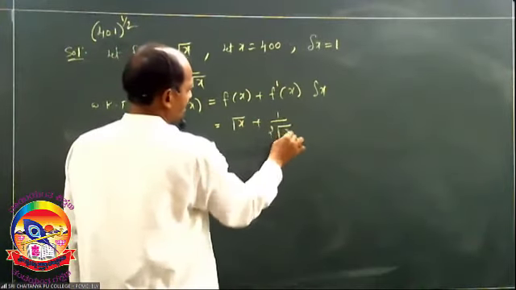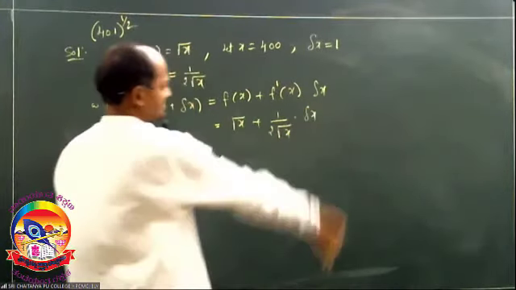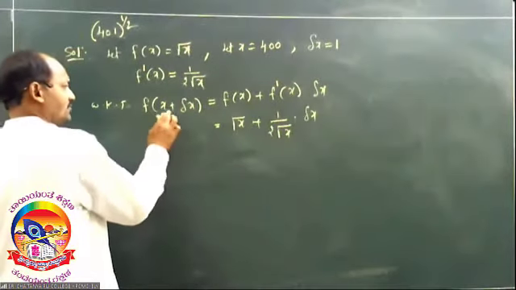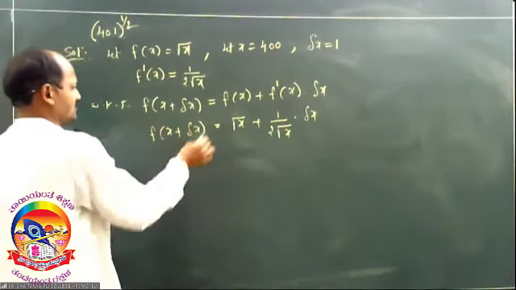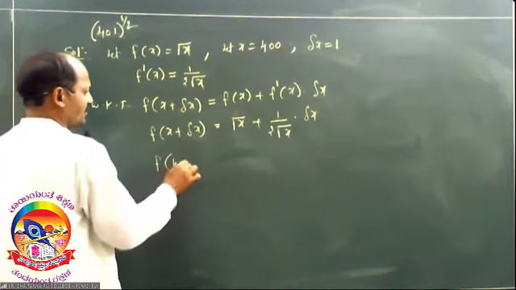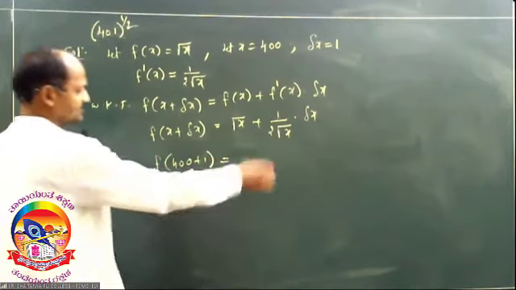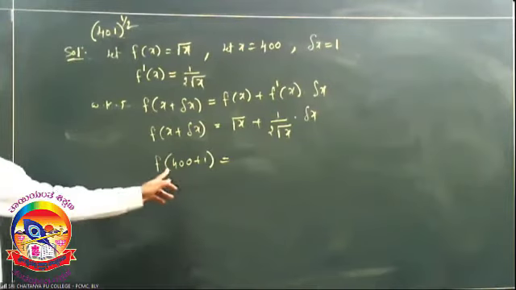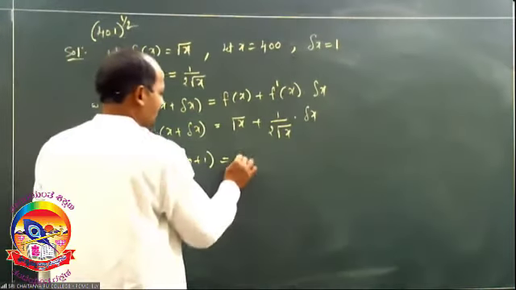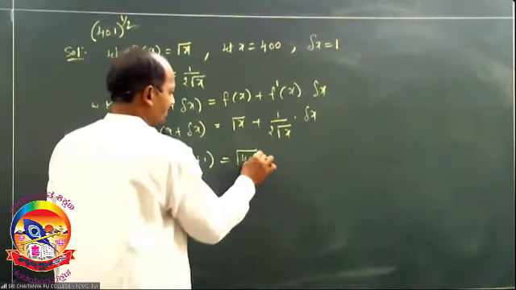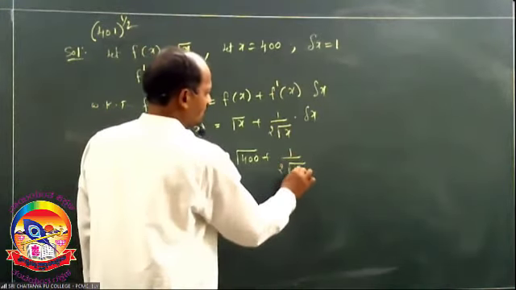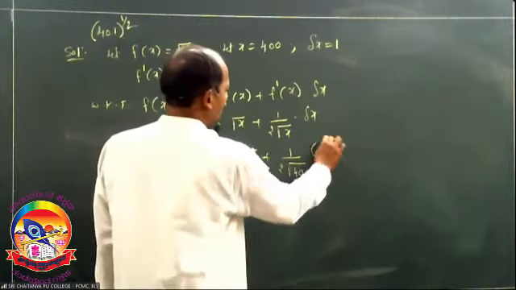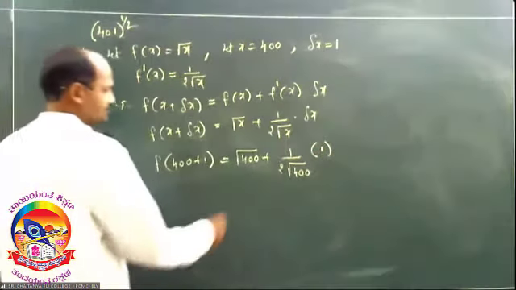It is 1 by 2 root x into delta x. It is f of x plus delta x. What about the x and delta x? It is 400 plus 1, f of 400 plus 1. Root of 400 plus 1 divided by 2 root of 400 into delta x, which is 1.